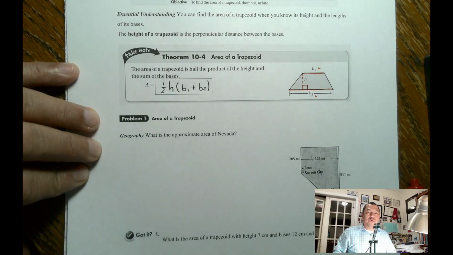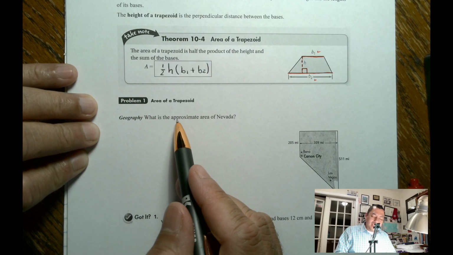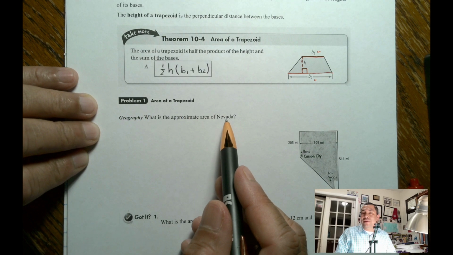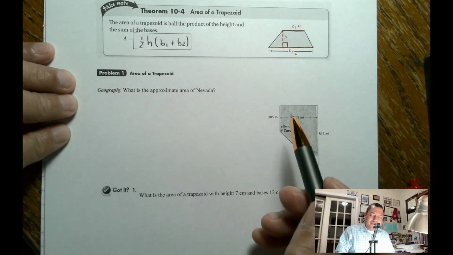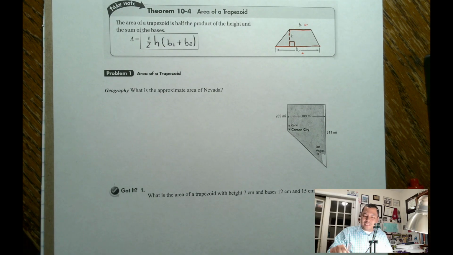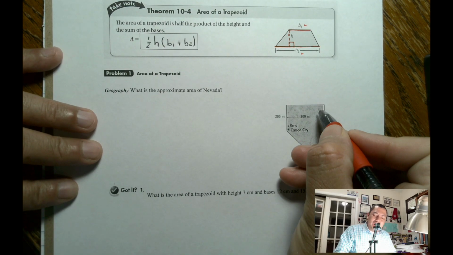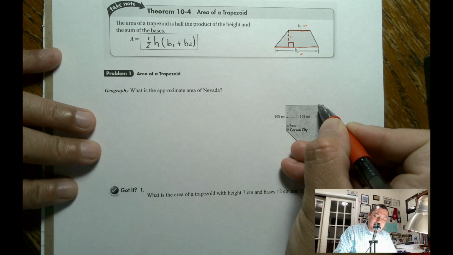We're going to use this formula. Example number 1: what is the approximate area of the state of Nevada? So we have this information, right? Nevada is a trapezoid, and for the sake of this problem, we're going to assume this one is a right angle.